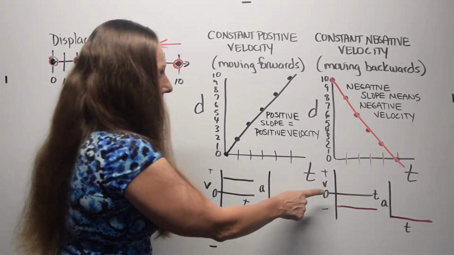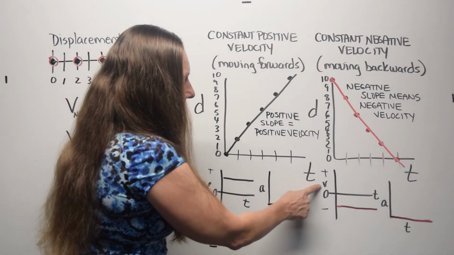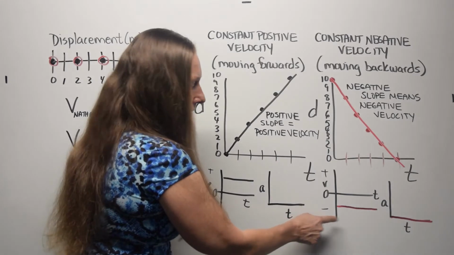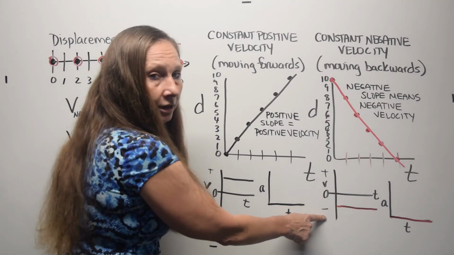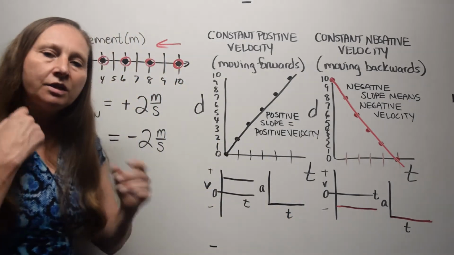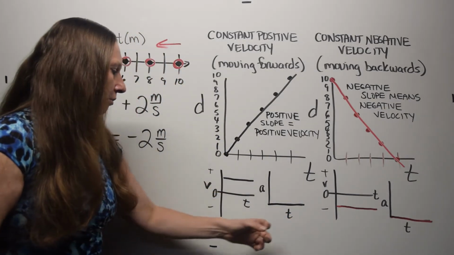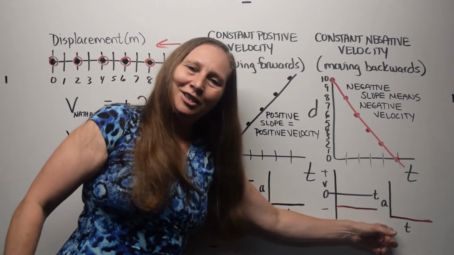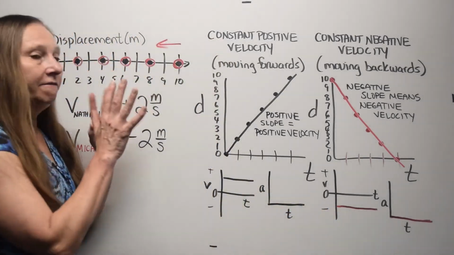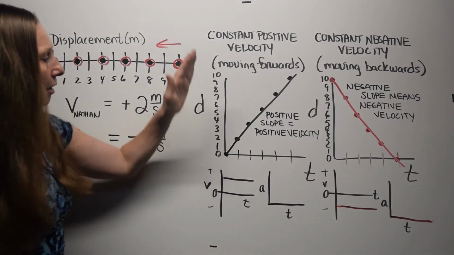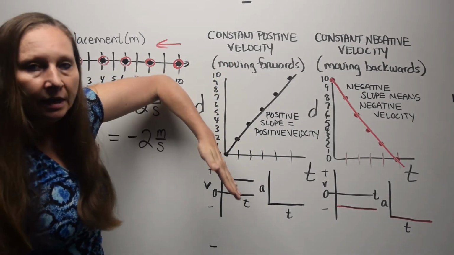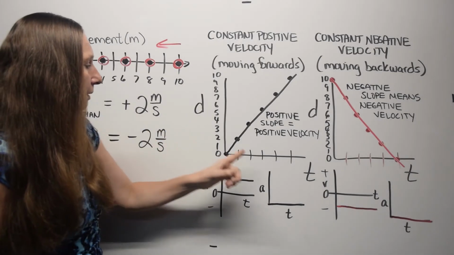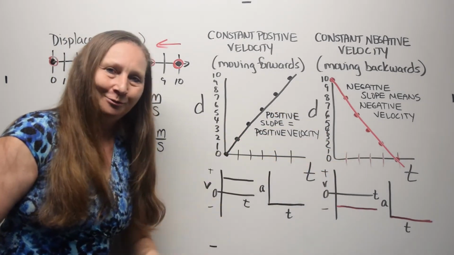It's got to be below zero. It's negative, so it's down here. In both cases, the acceleration is zero. Very, very simple. Positive slope, positive velocity, negative slope, negative velocity. Now remember, that's on a displacement time graph.